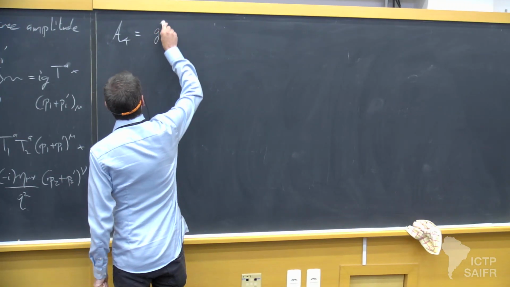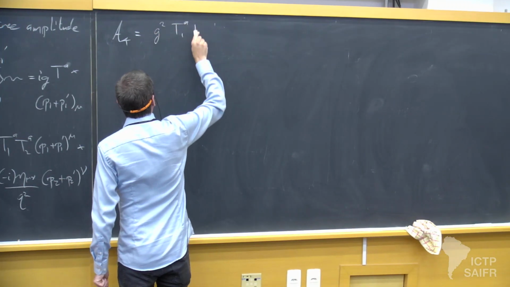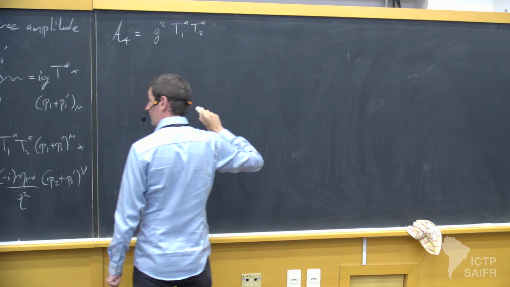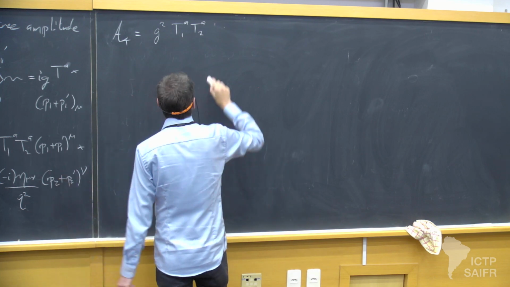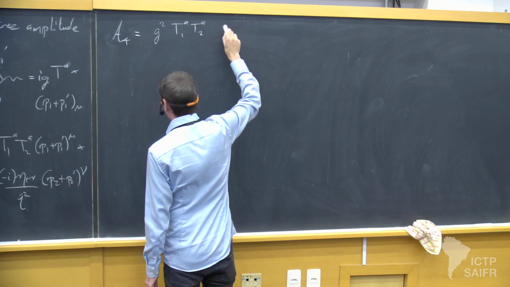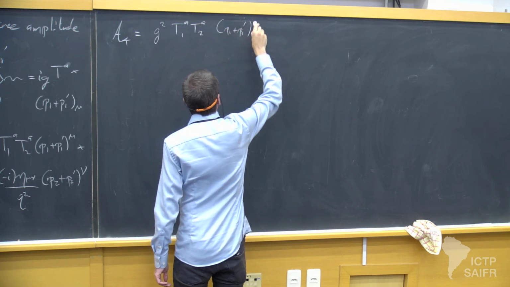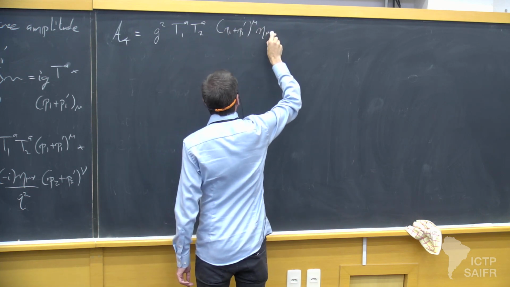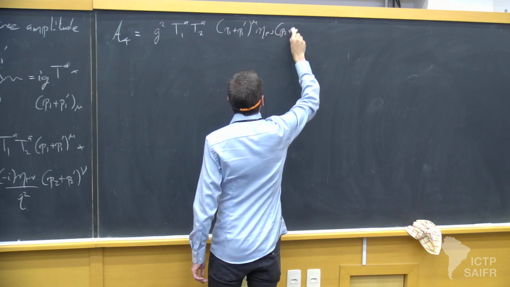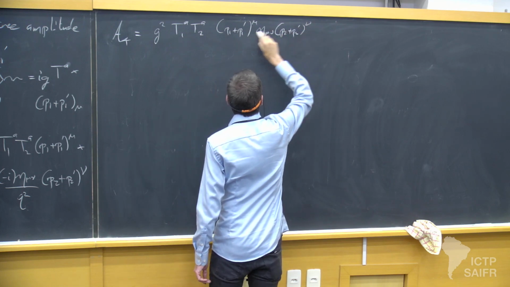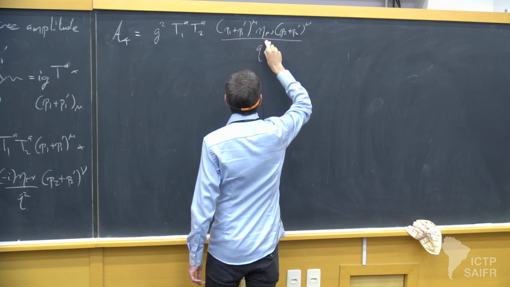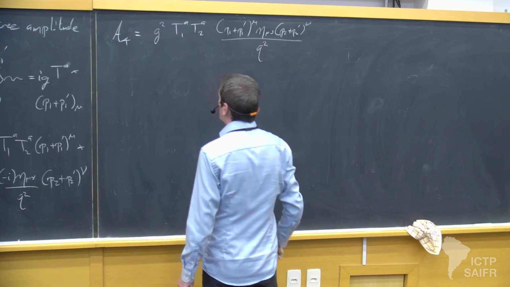There's a G squared, T^A1, T^A2. From these guys, I'm just going to keep these running along for a ride for a while. P1 plus P1 prime, mu, eta mu nu, P2 plus P2 prime. I'll simplify that, but later.